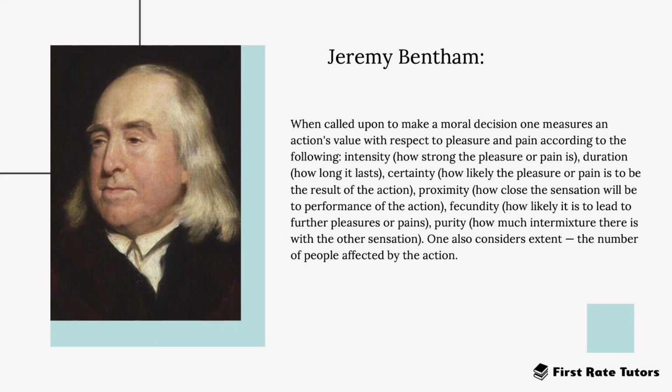When called upon to make a moral decision, one measures an action's value with respect to pleasure and pain according to the following: intensity, how strong the pleasure or pain is; duration, how long it lasts; certainty, how likely the pleasure or pain is to be the result of the action; proximity, how close the sensation will be to performance of the action; fecundity, how likely it is to lead to further pleasures or pains; purity, how much intermixture there is with the other sensation.